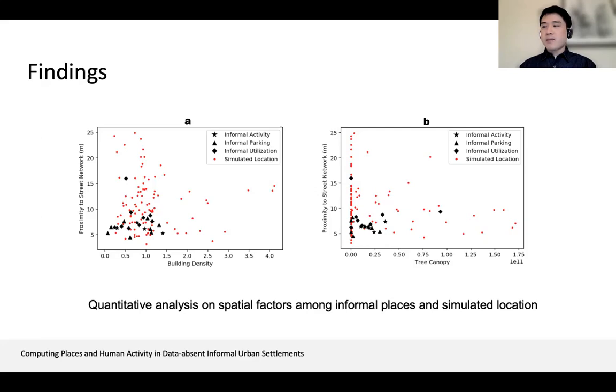But at the same time, this result can show not just where the current trees are located, but also where the informal areas are that potentially need more trees to be planted, as part of a future urban planning strategy.